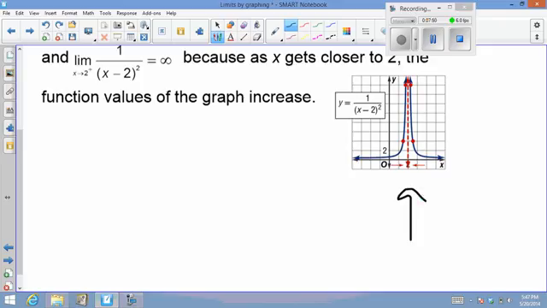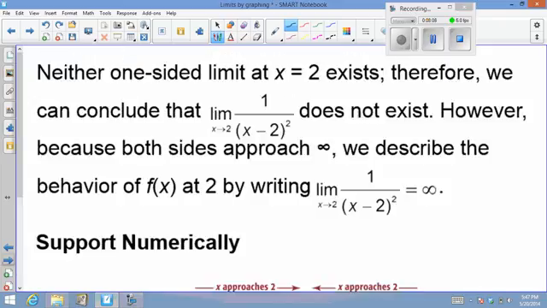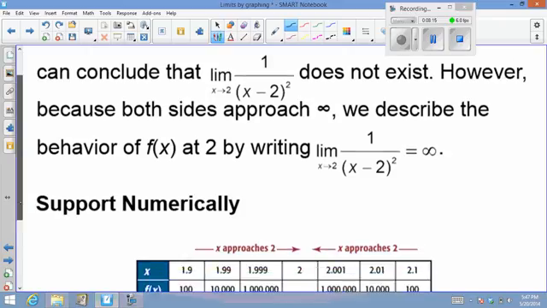Whether x approaches 2 from the left or from the right, both of them go up. So my limit is going to be infinity, because they both approach the same thing, infinity, and that is in fact my limit.